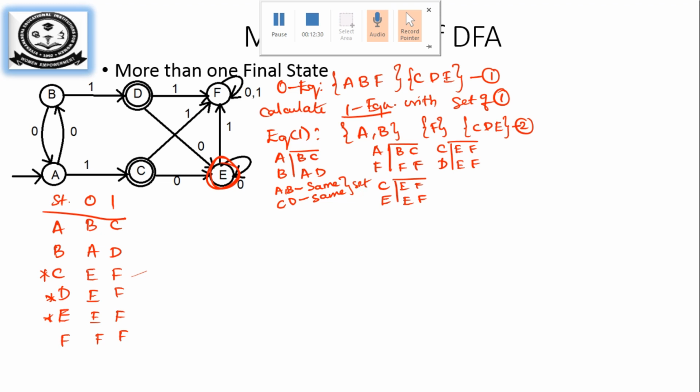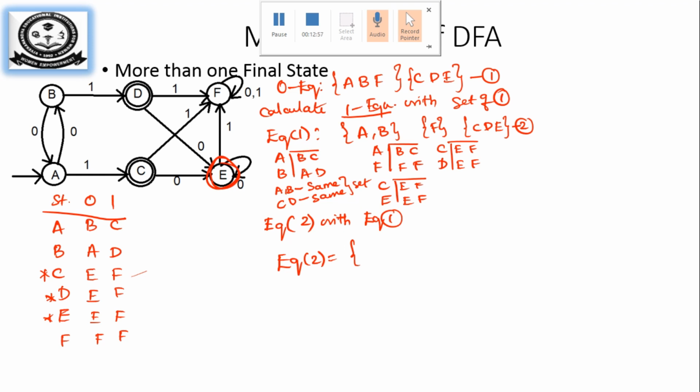So now to make sure that there is no more further change, we will calculate equivalence 2 with equivalence 1. Okay, so we'll write equivalence 2 here again. So we'll check AB. AB again have the same input.